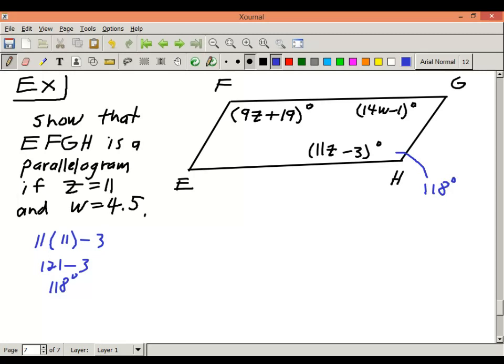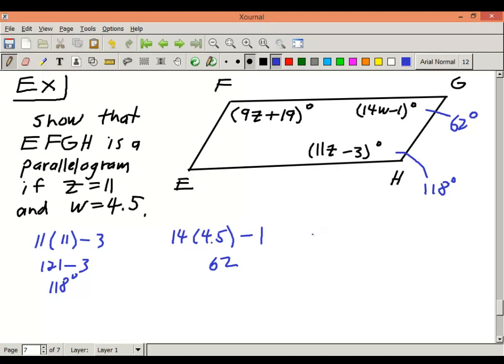Let's find angle G next. So that's 14 times w, which is 4.5, minus 1. So on the calculator, 14 times 4.5 minus 1, that's 62. So this angle right here is 62 degrees.